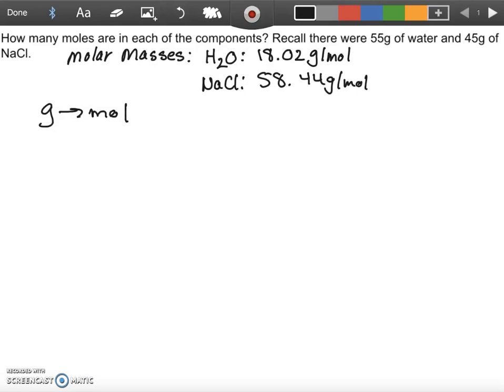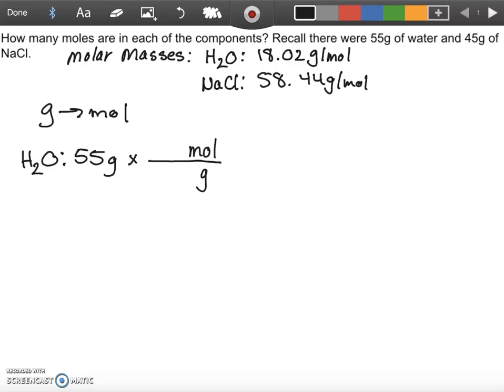So let's start with the water. In the previous reading example, we determined that there were 55 grams of it. We want to know how many moles that is. Well, we have to multiply by a fraction, the conversion factor, which is the molar mass of water. We need the grams on the bottom so that these can cross-cancel, and then the mole has to be on top.